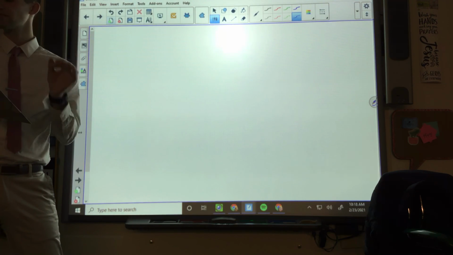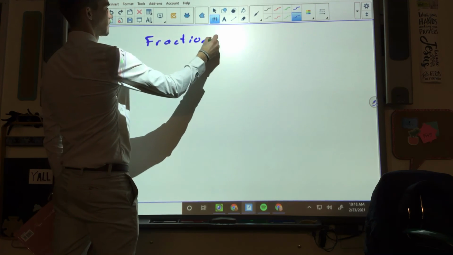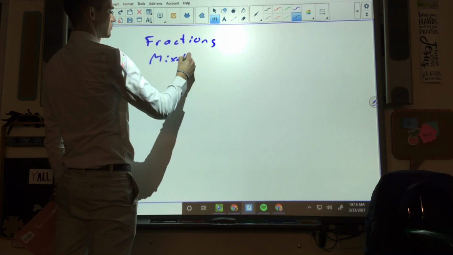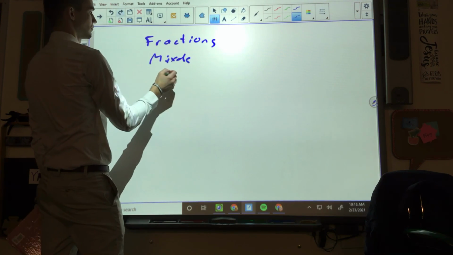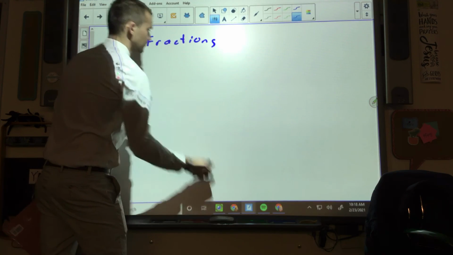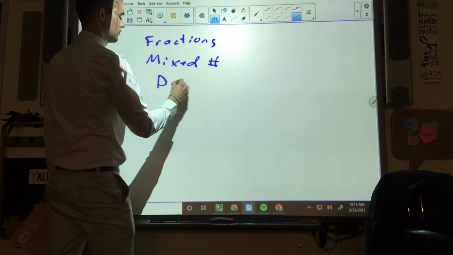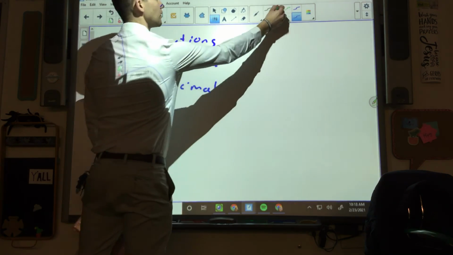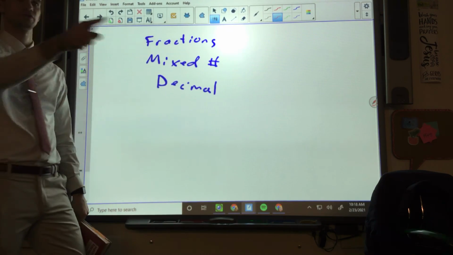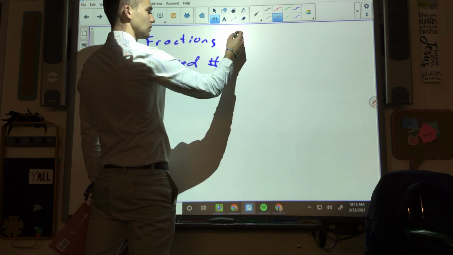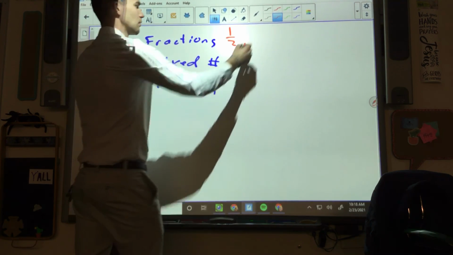Represent fractions, mixed numbers, decimals. You know what a mixed number is? It's a number, one mixed with a fraction. Okay, give me 2 examples of fractions. 1/2 and 1/8.